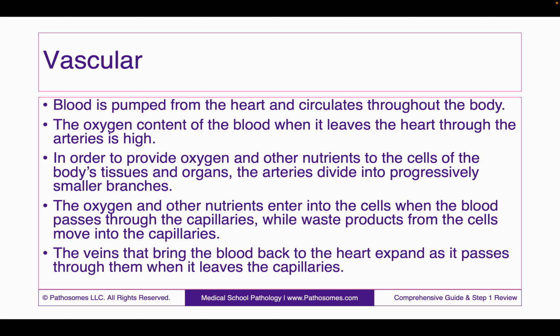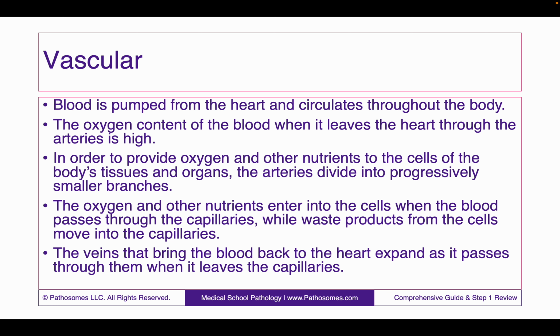Blood is pumped from the heart and circulates throughout the body, right? That's 101 stuff. The oxygen content of the blood when it leaves the heart through the arteries is high. In order to provide oxygen and other nutrients to the cells of the body's tissues and organs, the arteries divide into progressively smaller branches.